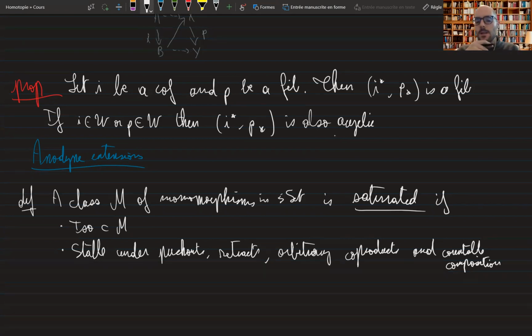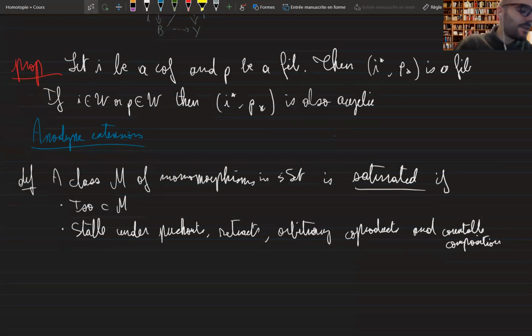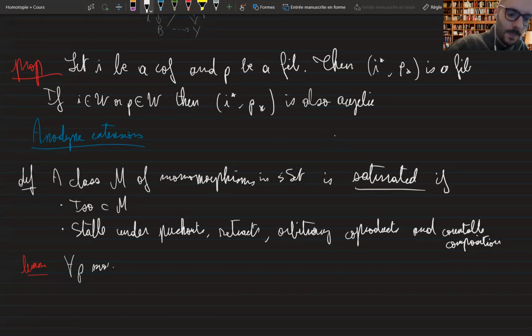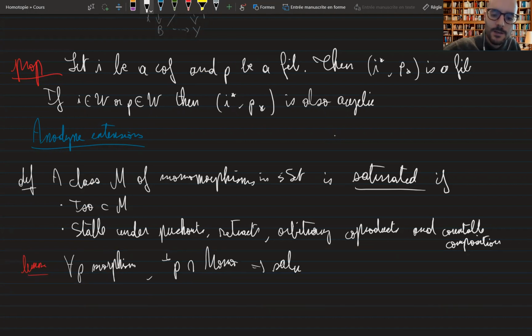Okay, so maybe this will be a bit more clear with this definition. For any morphism P, this is something that we have used a lot: if you take the class of maps which have the left lifting property with respect to P and you intersect with monomorphisms, this is saturated, right?